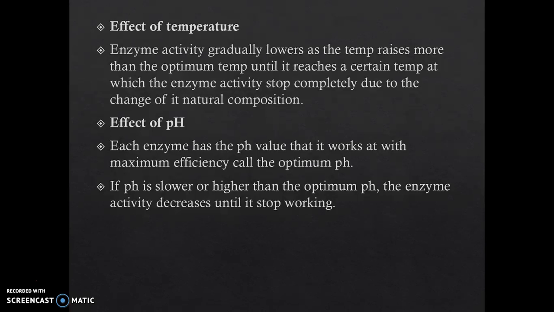For the fourth factor, effect of pH: each enzyme has a pH value at which it works with maximum efficiency, called the optimum pH. If the pH is lower or higher than the optimum pH, the enzyme activity decreases until it stops working.